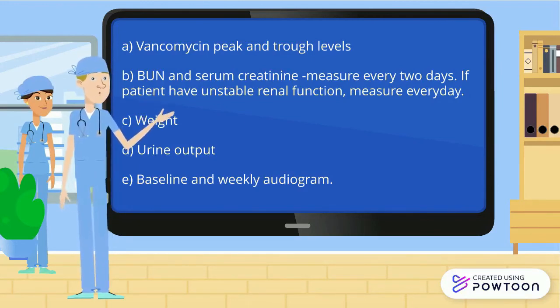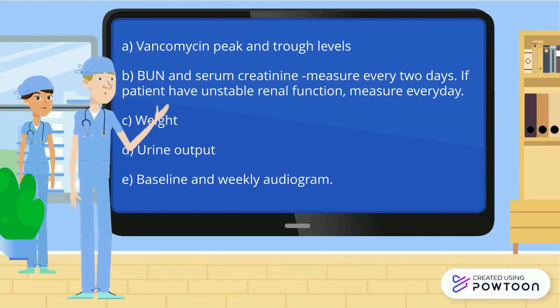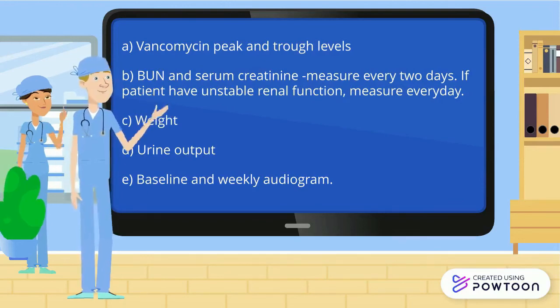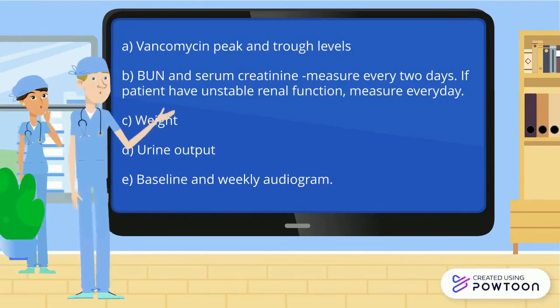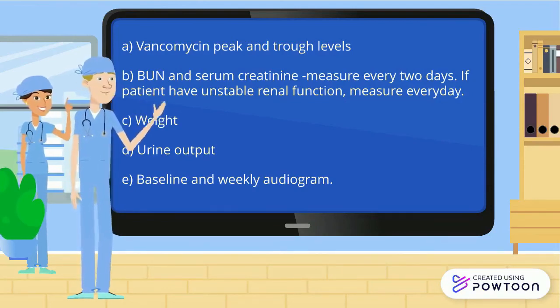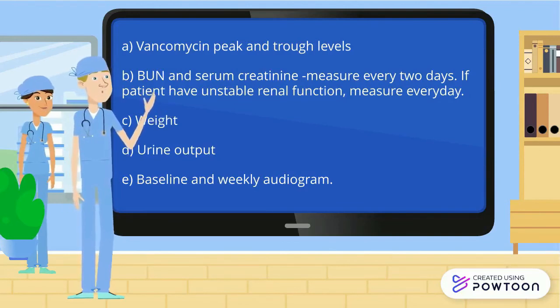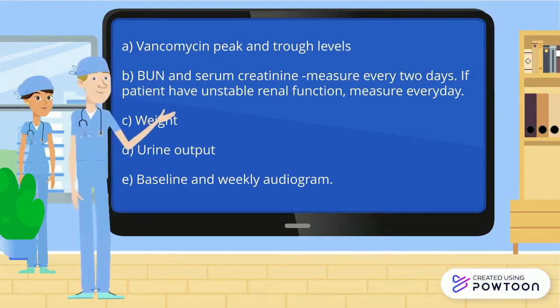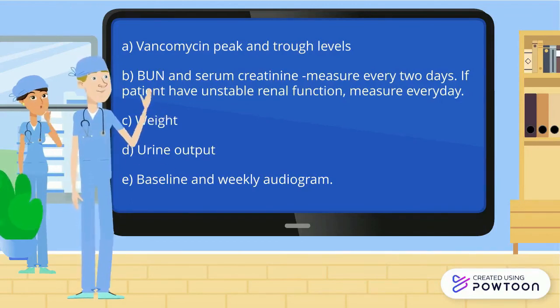Next, the baseline and weekly audiogram is to assess patient hearing issues because vancomycin can cause ototoxicity. Assessment can be done using audiogram weekly. Risk factors of ototoxicity may include pre-existing hearing problem, any underlying renal dysfunction, old age, and excessive peak concentration.